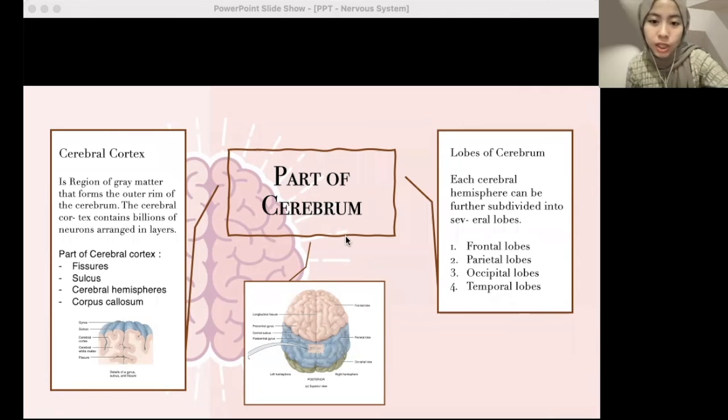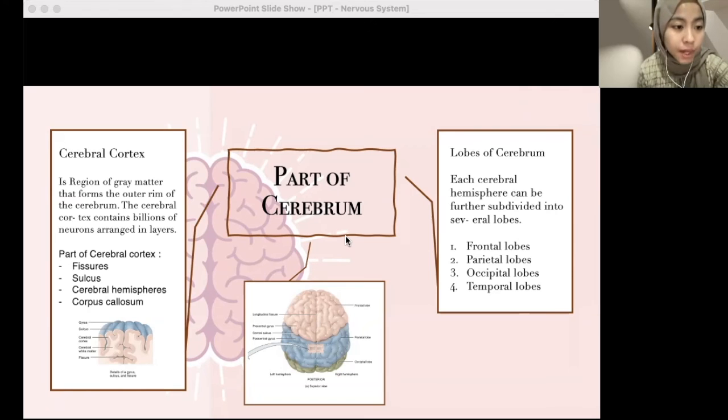Okay, next the lobes of the cerebrum. As we know from high school, there are four lobes, and each cerebral hemisphere can be further subdivided into four lobes. The first one is the frontal lobe, the second is the parietal lobe, the third is the occipital lobe, and the last one is the temporal lobe.